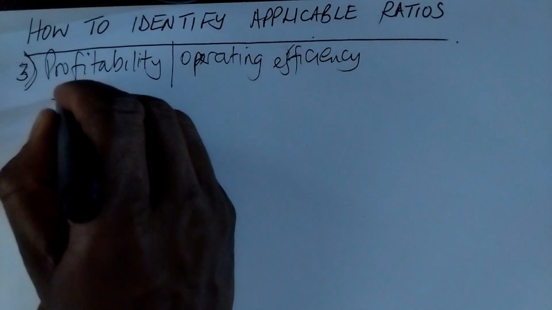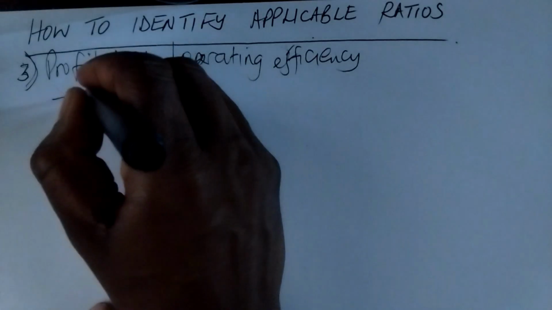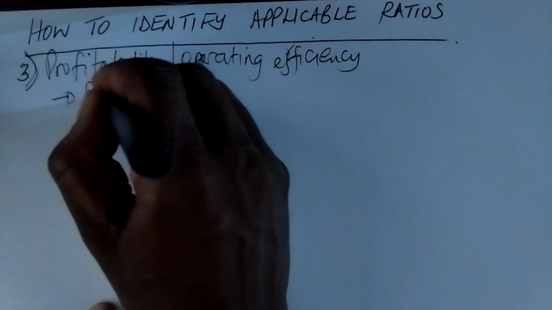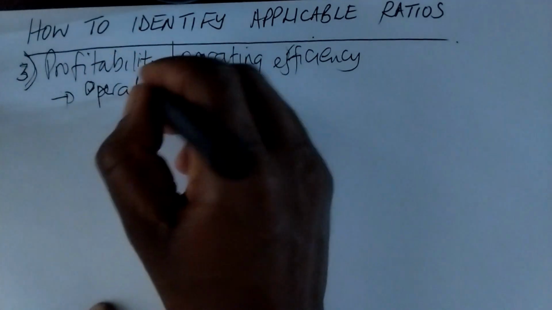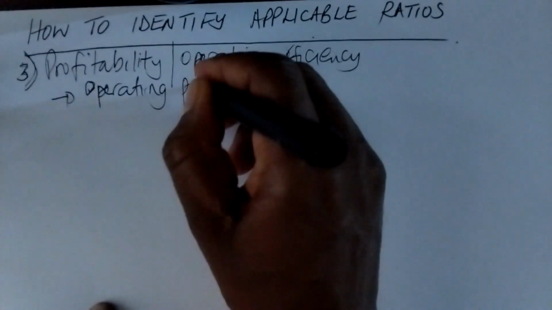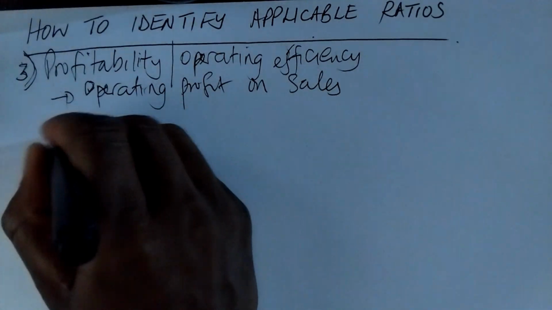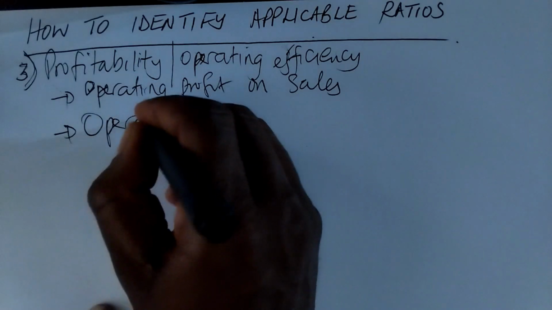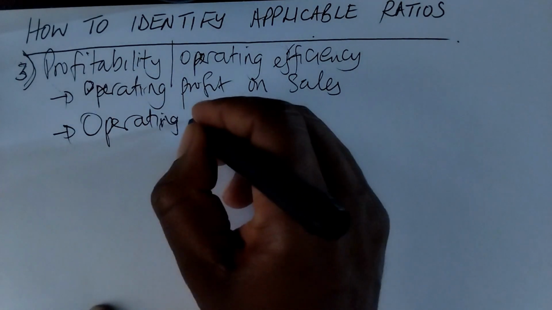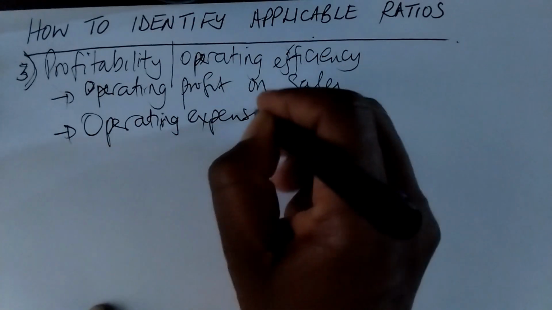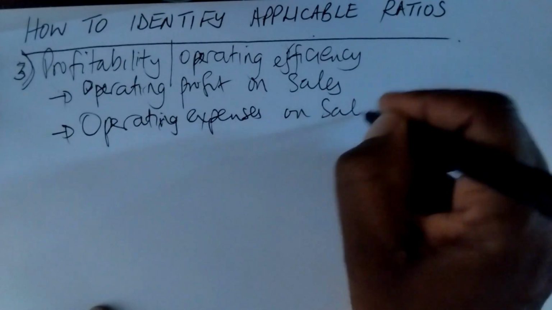Now, the first one is going to be operating profit on sales, and then you've got operating expenses on sales.